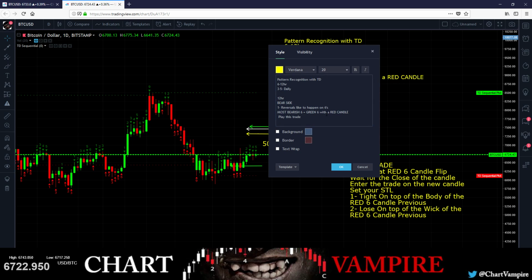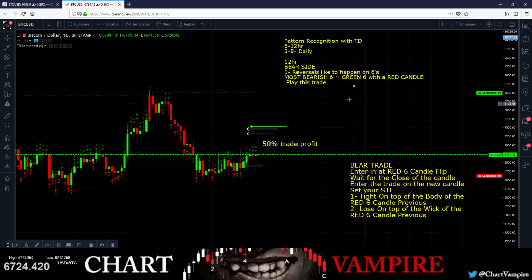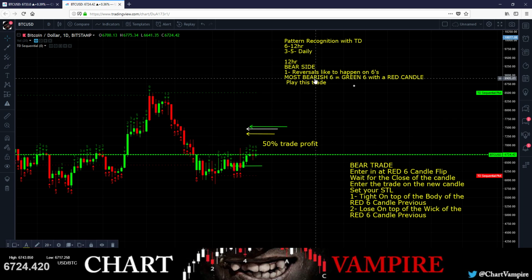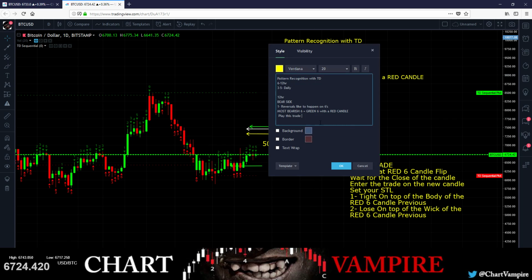So I'm going to bring this a little smaller. Okay, we're going to do the daily. On the bear side, it's the same thing. Most of the reversals are on green 3s and green 5s.